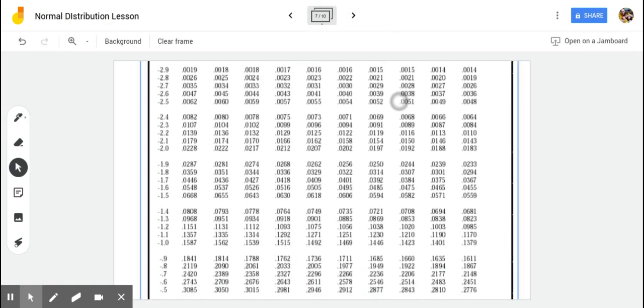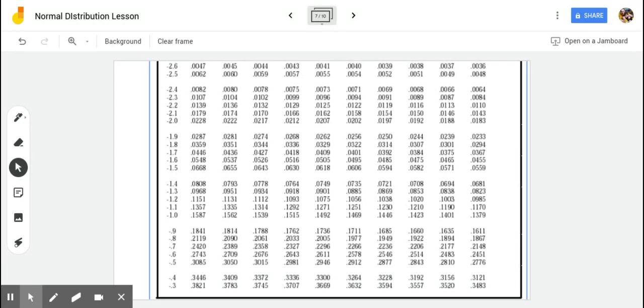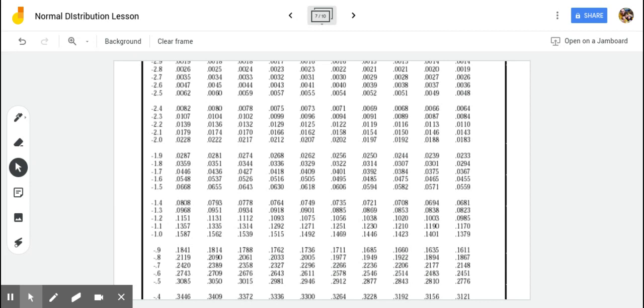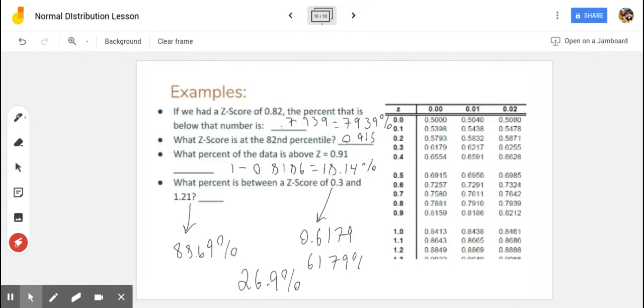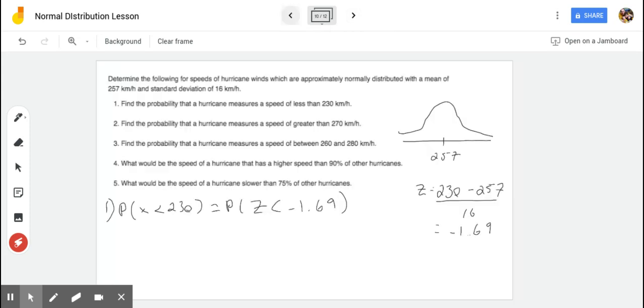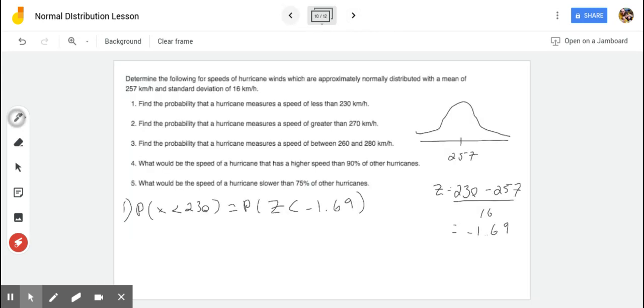We look up negative 1.6, which is the first decimal place, and then the last column, 9, takes you to the next decimal place. Negative 1.69 is 0.0455, so 0.0455 is the percentage.